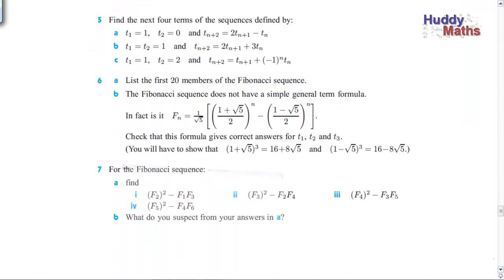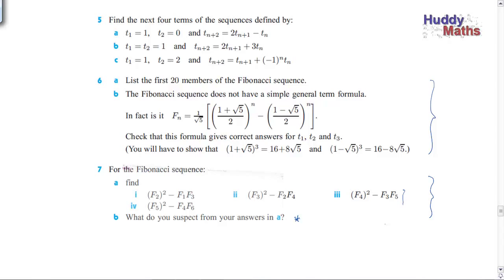Now, there's a few things happening here. So you're going to have to think about this, and I want you particularly to scratch your head about some of the things that are going on here. We've got some conjecture here. What do you suspect from your answers in part A? That's in this part here. So this is getting a bit more challenging.